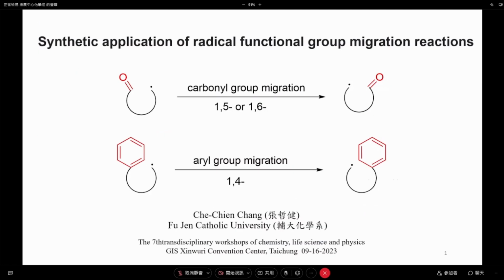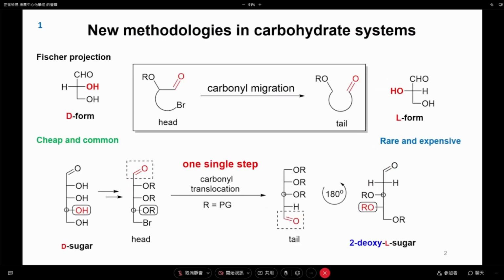A favorable migration reaction was developed in nine. One is carbonyl, the other is alkene. The first one is carbonyl migration, particularly useful in carbohydrate systems. Normally, if you want to quickly recognize the carbohydrate stereochemistry, we do Fischer projection.